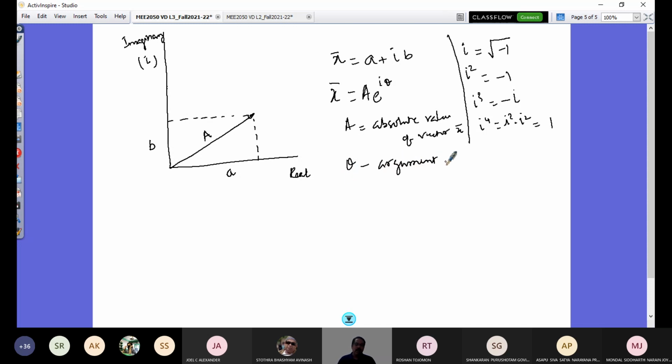You could have studied all this in your mathematics. So I can write this amplitude A as the square root of A squared plus B squared, and I can write this angle theta as tan inverse of B by A. So this is for one vector.